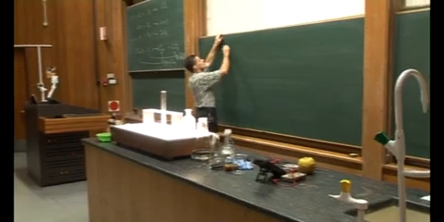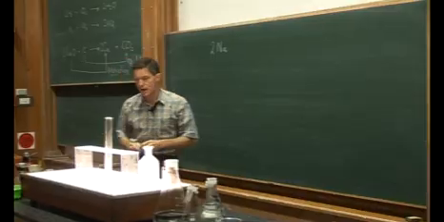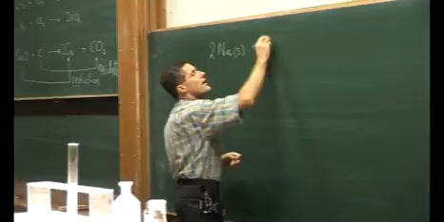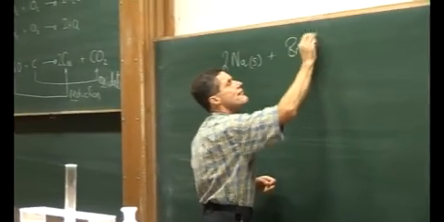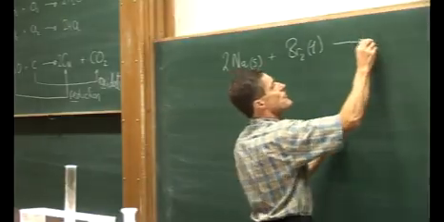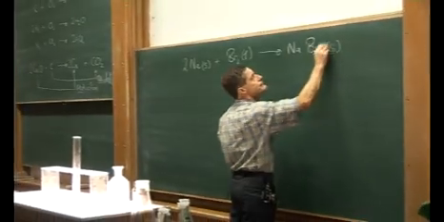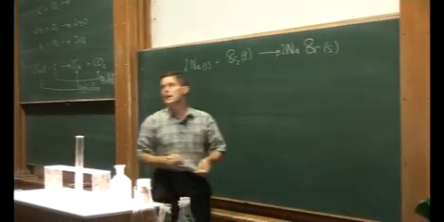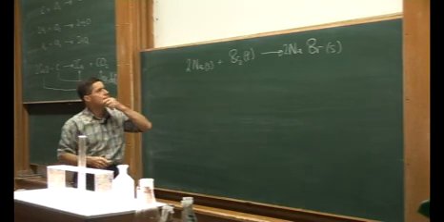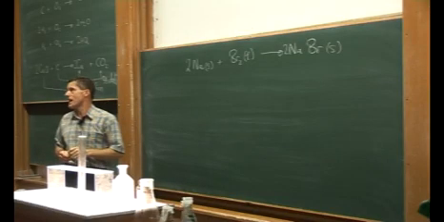So, for example, the second one of the list is 2 lots of sodium reacting with bromine liquid giving sodium bromide. So I can see that I'm going from elements to compound.